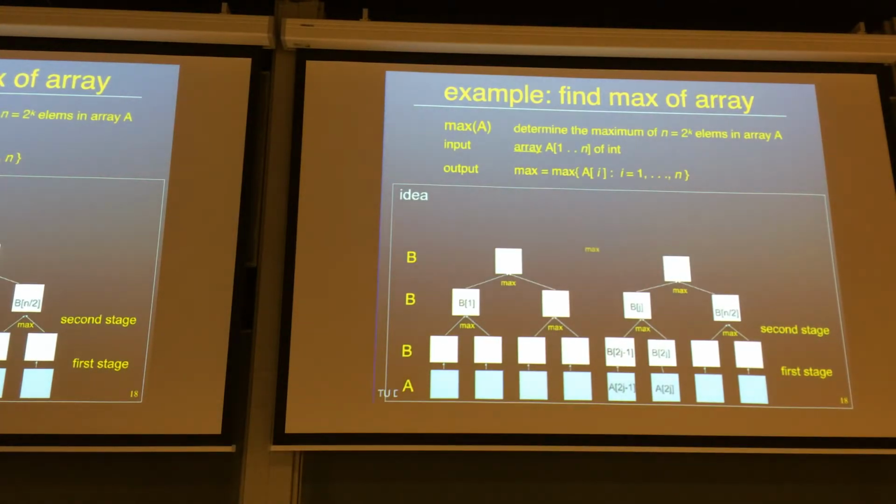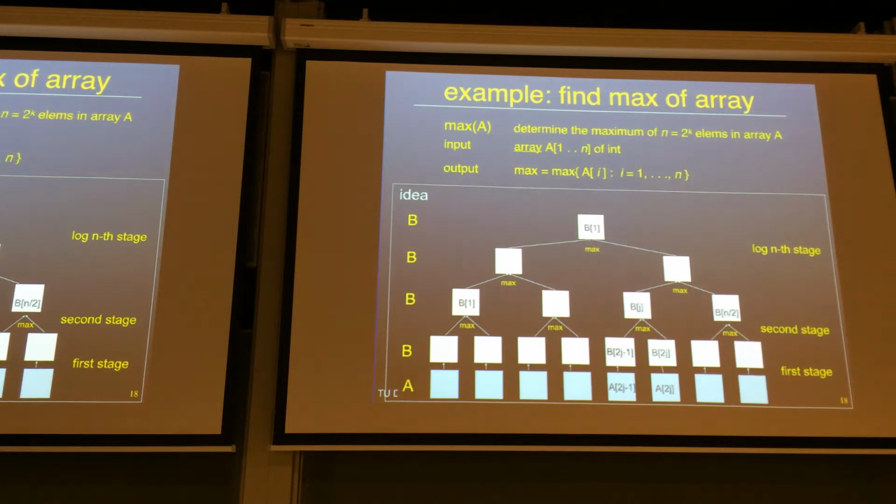You take the maximum of the adjacent elements and you continue until you achieve only one value, and that's B1. If you consider this as a kind of tree, how many layers does this tree have? Originally we started with n elements, then by halving we arrive at the top element. How many times can you halve an array containing n elements? That's of course log n times. So log n of these maximum operations, and then you are there.